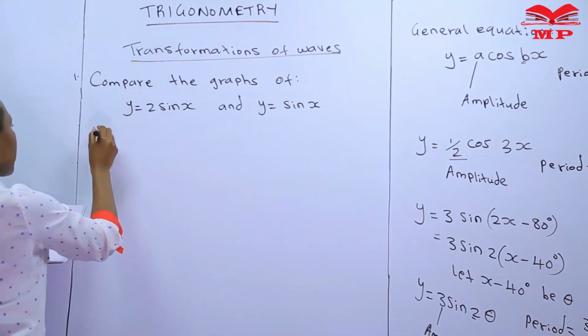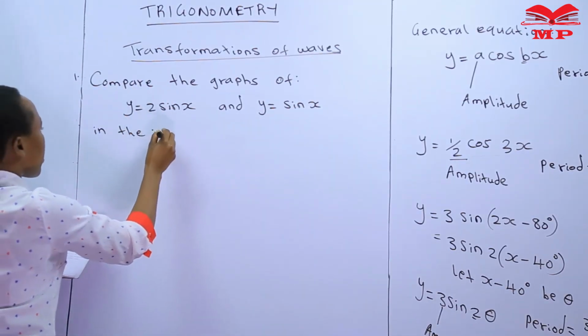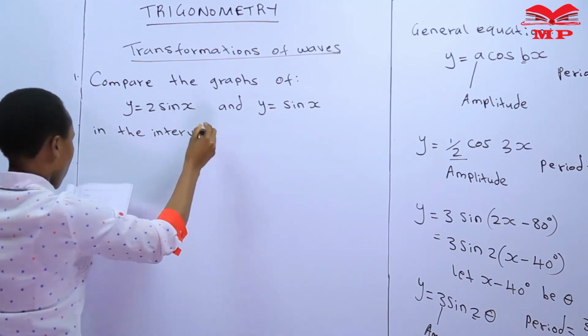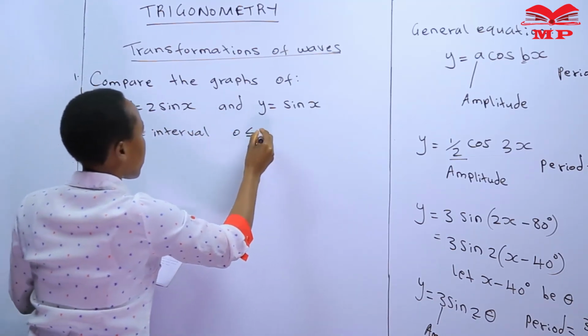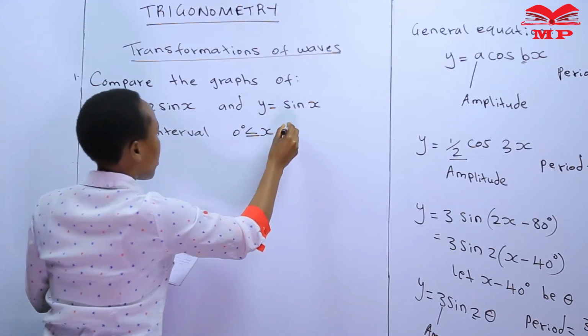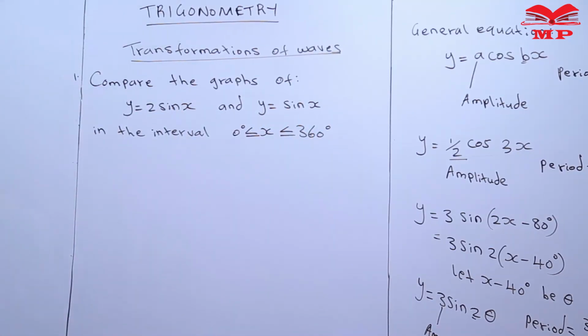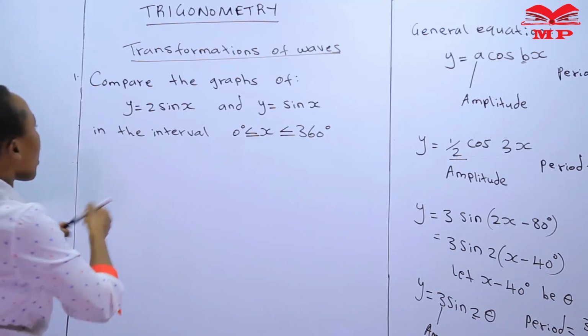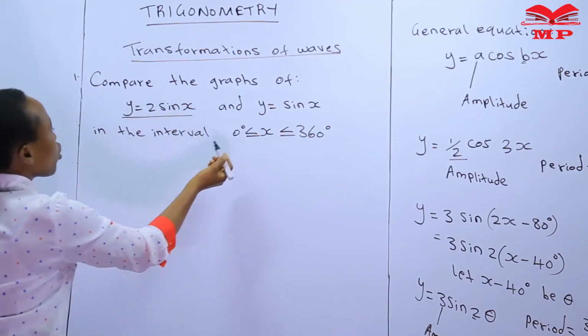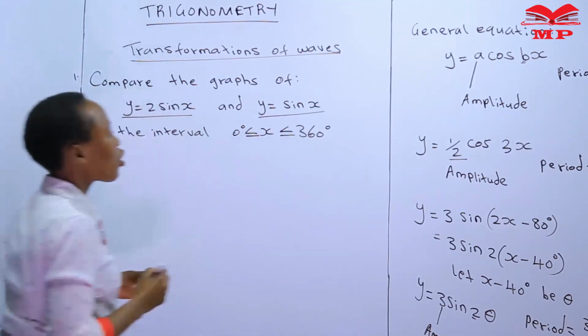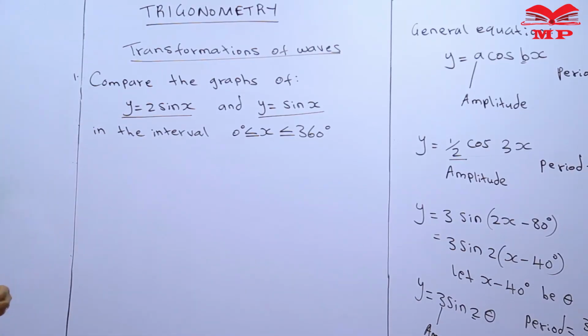We've been given the interval 0 degrees up to 360 degrees. So that's what we have been given, and we have been told to compare the graphs. We have this function and we have the other function. So we want to compare these graphs in this interval.